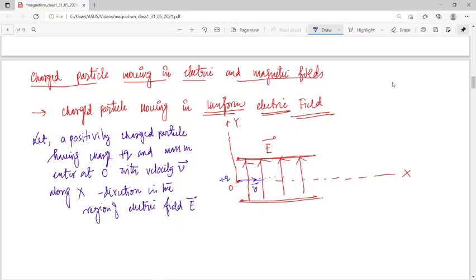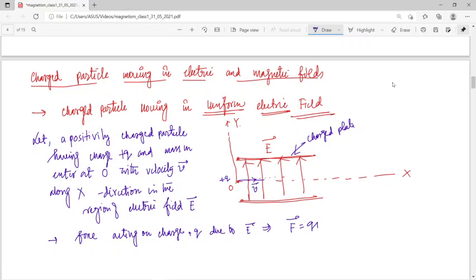A force will be acting on charge q due to E, and the force is F equals qE. The direction of the force is along the direction of the electric field. So the charged particle will be deflected accordingly.